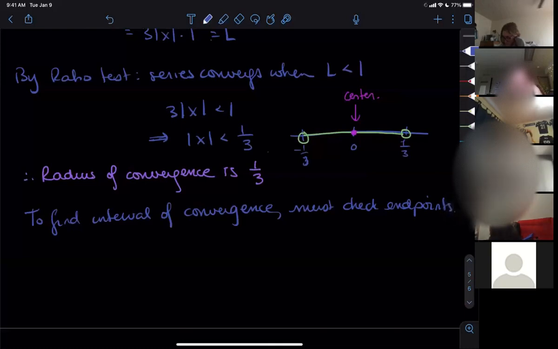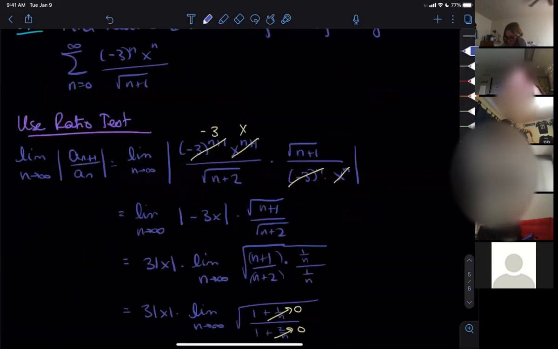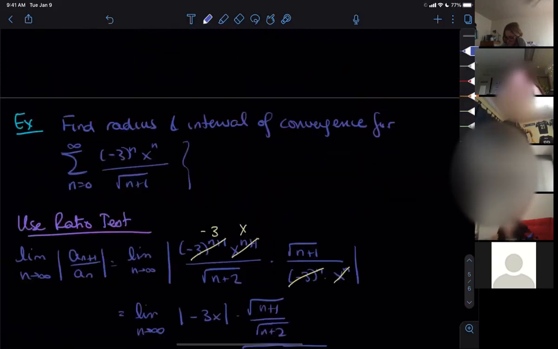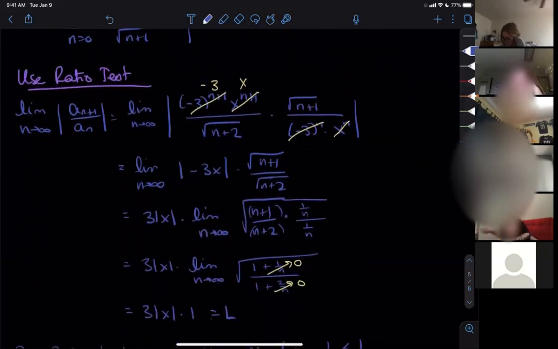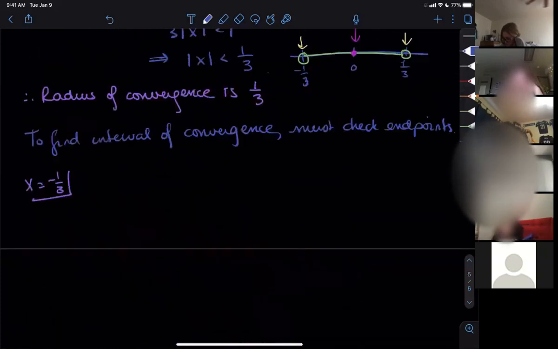So here's the endpoints, negative a third and a third. You can see them right here. So we check them one at a time. What's our series? Oh, here it is. Negative 3 to the n, x to the n, over the square root of n plus 1.